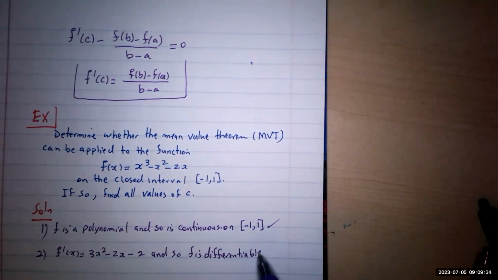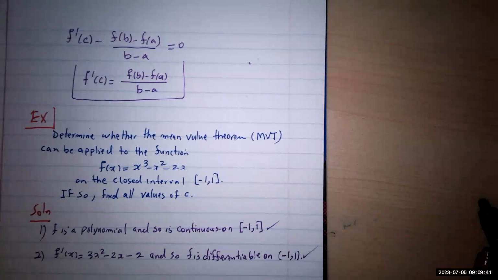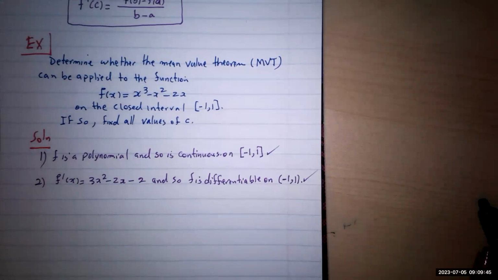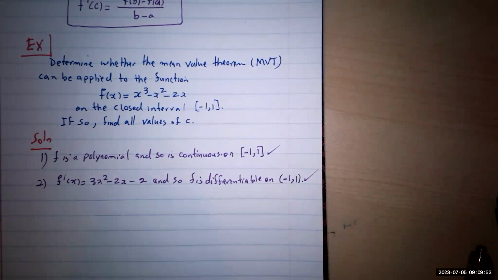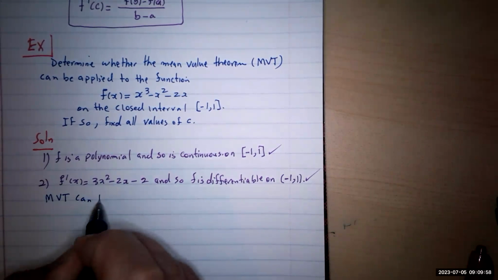Again, it's differentiable everywhere, but you want it only on the open interval -1, 1. Although it's differentiable everywhere, you just stay with the condition of the theorem. Remember, there is no third condition, just the first and the second. Then we say, oh, MVT can be applied.